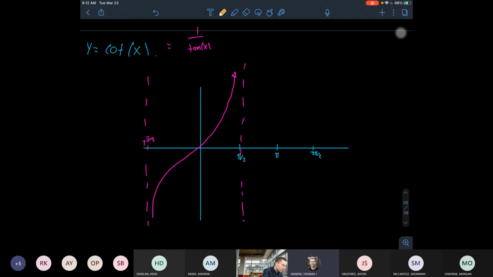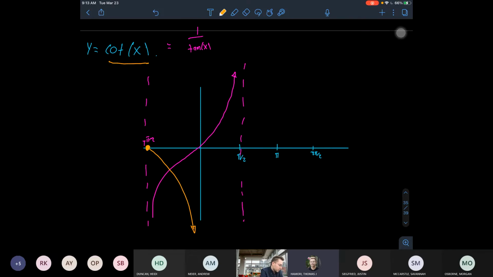If I want to know what 1 divided by this looks like, well, when the number gets really, really close to negative infinity, 1 divided by it is going to be really, really close to what? 0? And then when the value of tangent gets very close to 0, but less than 0, we're going to be going down to infinity.